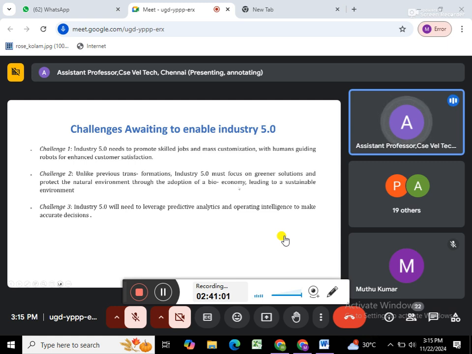And challenge 3 is again the need for predictive analytics as well as operating intelligence. This is also very important, if you are able to create a very good algorithmic model, or some models for operations.